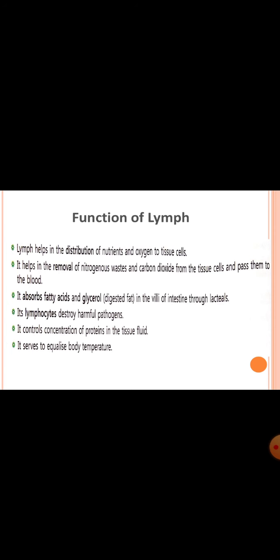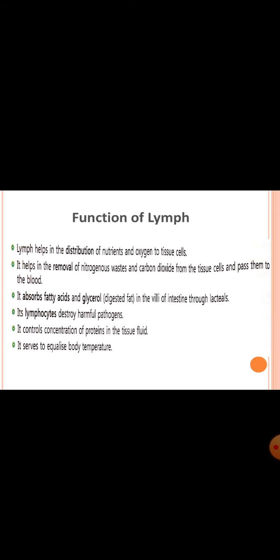Then it returns protein to blood and helps in maintaining osmotic concentration of blood to facilitate exchange of materials between blood and tissue fluid. Clear?